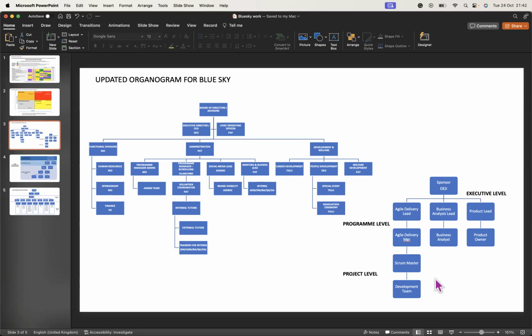But in a typical setting like now, you haven't got an agile delivery lead at Blue Sky, have you? No. So because you haven't got an agile delivery lead or agile delivery managers, you are the ones acting in that position. So you are the one on your team, on your project right now.